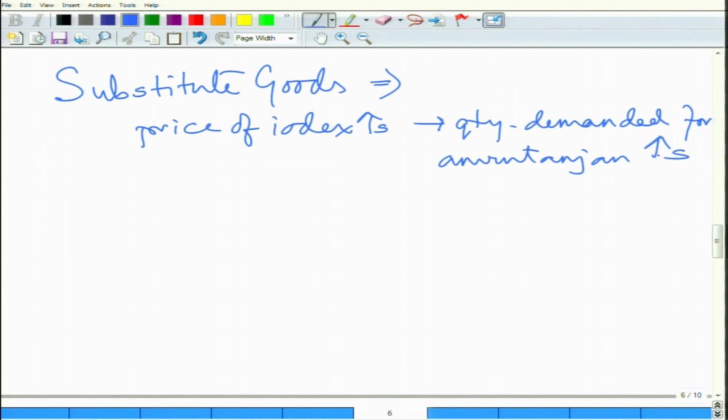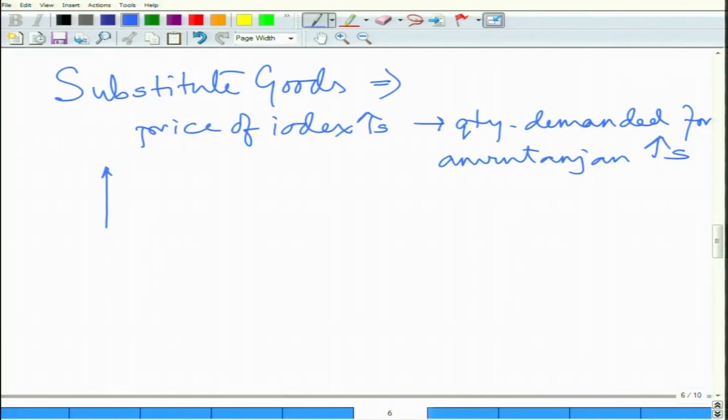That's because when the price of Iodex increases, the demand for Iodex will decrease, and then that will shift to the next substitute good, and the demand for Amrutanjan will also increase if they move from Iodex to Amrutanjan, or say Dolo to Crocin or something like that.